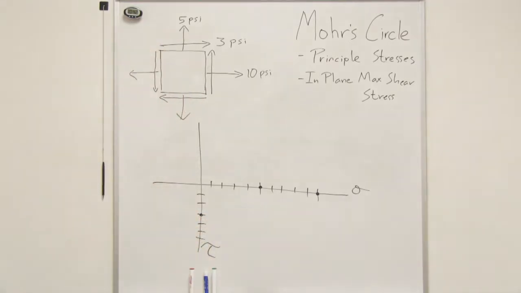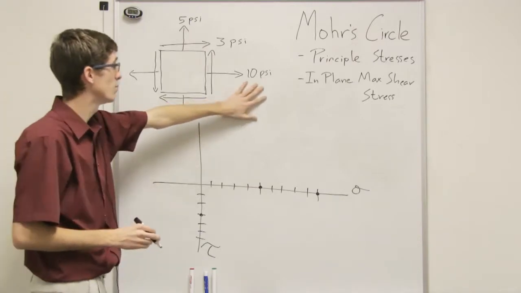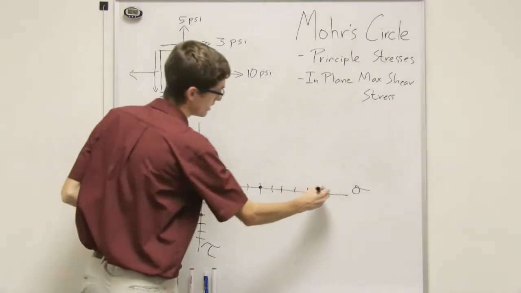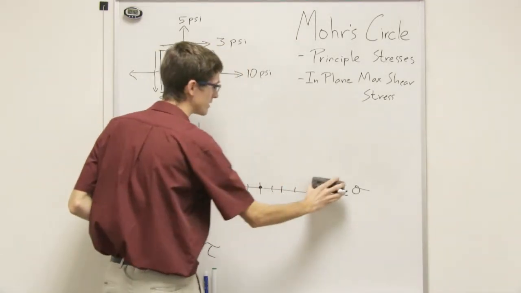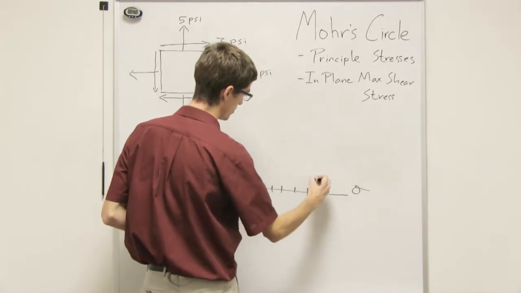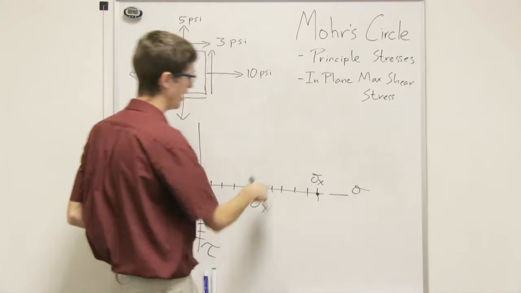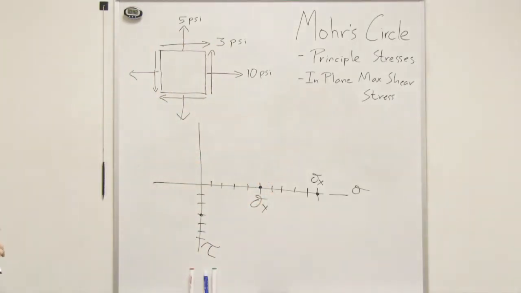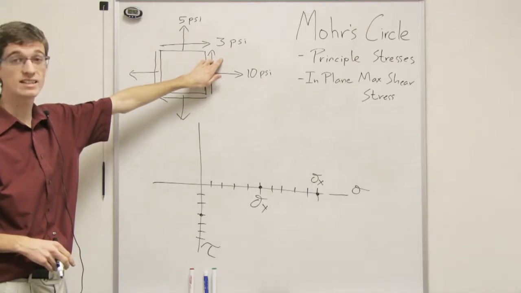What we want to do now is find out what the circle is going to look like. The x component we know is 10, so this is sigma x, and this one is sigma y. We're going to take our shear, and in this case it's positive.